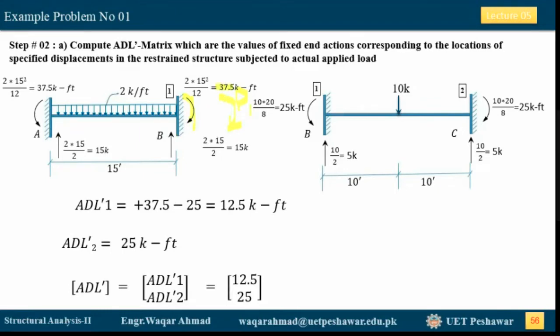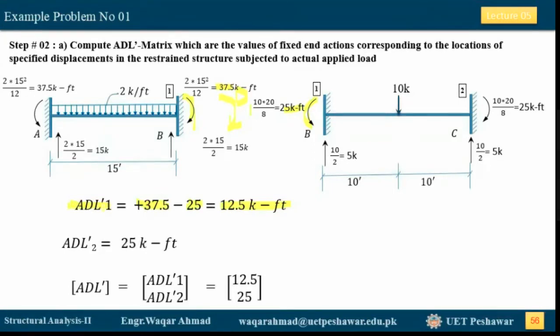Our assumed direction of D1 is also clockwise, so this will be taken as positive. And this 25 kip-feet fixed end moment is anti-clockwise, but the direction of our assumed D1 is clockwise, so this will be taken as negative. When you add them, you get 12.5 kip-feet as the value of A real 1 dash.